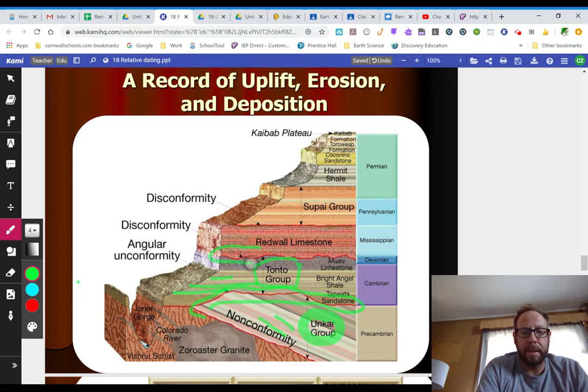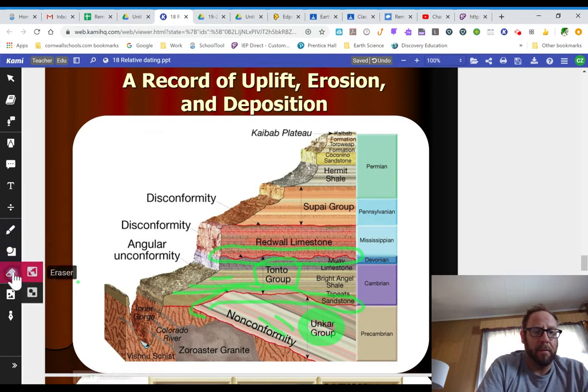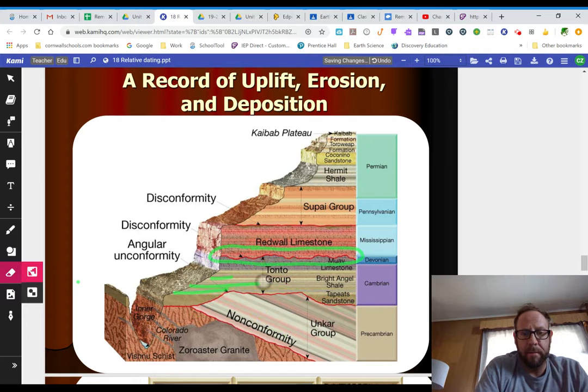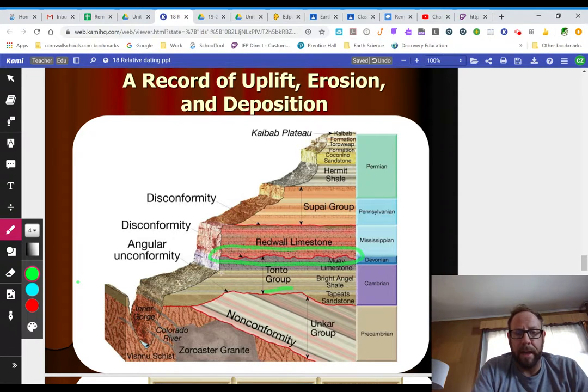Right here, we'll see a disconformity, okay? The disconformity refers to the fact that the Tonto group had been being constructed horizontally. There was exposure to the atmosphere, which eroded some of that Tonto group. Back underwater subsidence where the red wall limestone was deposited.